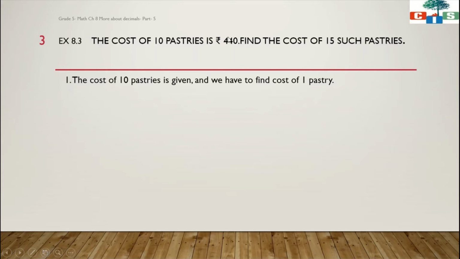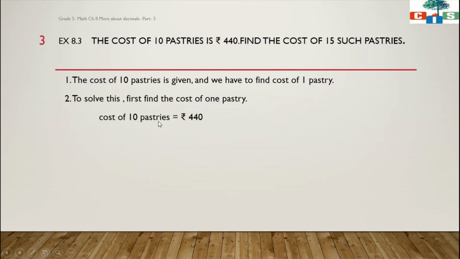Okay. So what is the cost of 10 pastries? It is rupees 440 and we have to find the cost of 1 pastry. So for that what we need to do scholars? Yes, we need to divide 440 by 10 to get the cost of 1 pastry. Okay, now let's see how to do that.